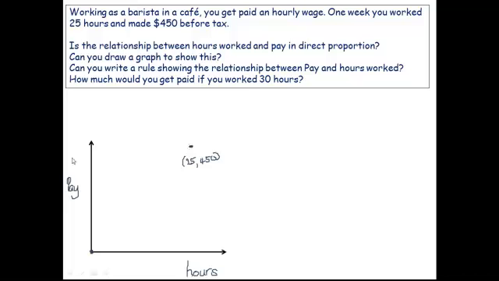We want something like we did before, so let's think of it as y equals mx. y is my pay, so I'll call that P for pay. m is the gradient of the graph, which we're going to have to work out, and x is the hours that we worked, so I'll put H in.